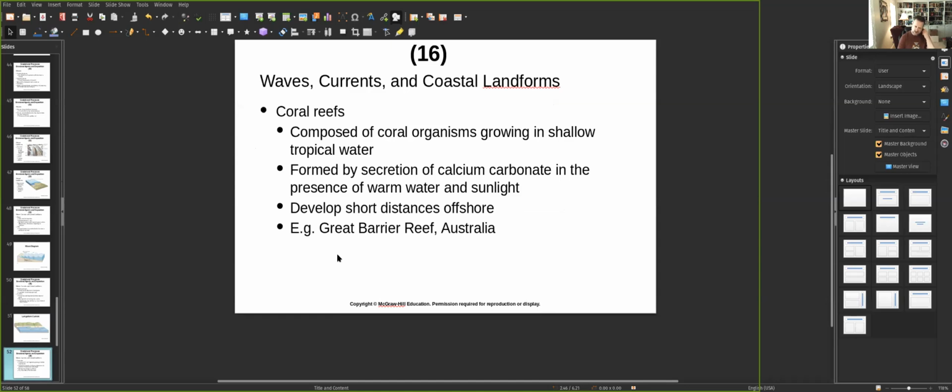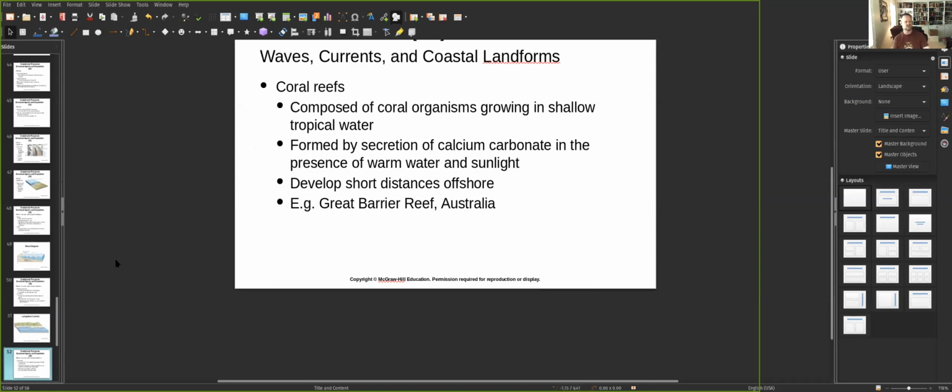Coral reefs we see out in the Pacific. We've got the Great Barrier Reef, primarily they're coral reefs, but you get these coral organisms in shallow water. Barrier Reef off the coast of Florida, off the coast of Belize, and then the big one down there in Australia.